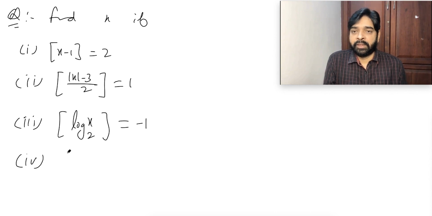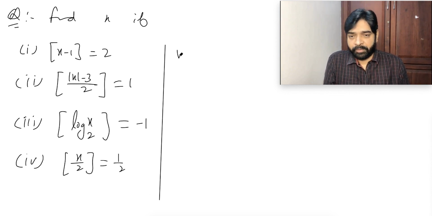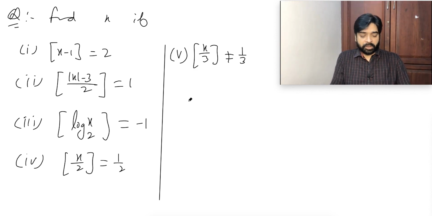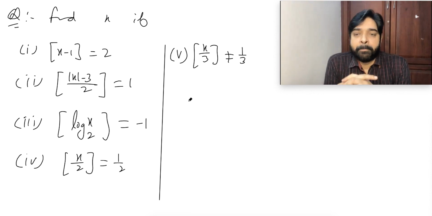Fourth part, greatest integer of x by 2 is equal to 1 by 2. Fifth part, greatest integer of x by 3 is not equal to 1 by 3. Solve these five quickly, everybody. You have to find x.